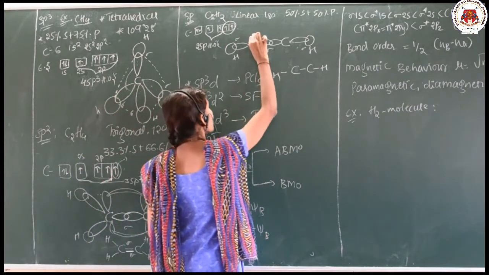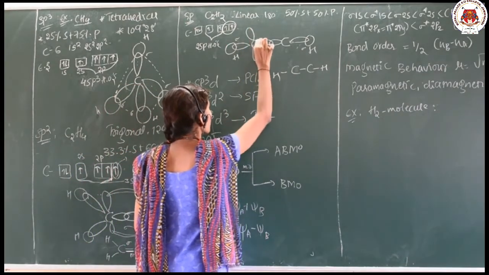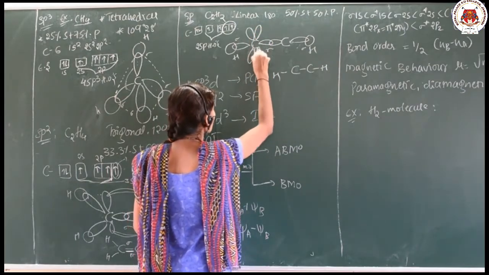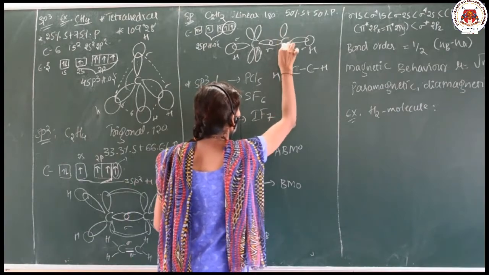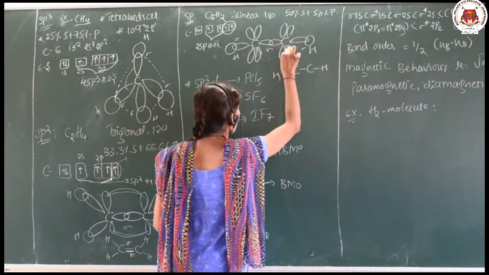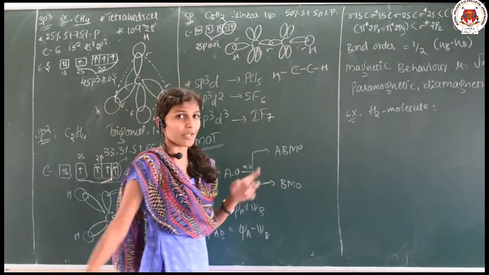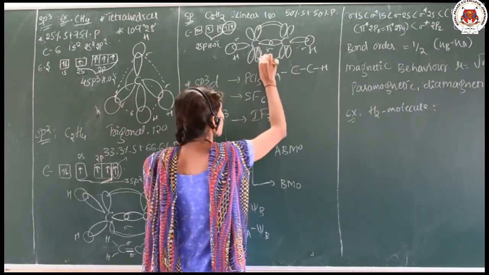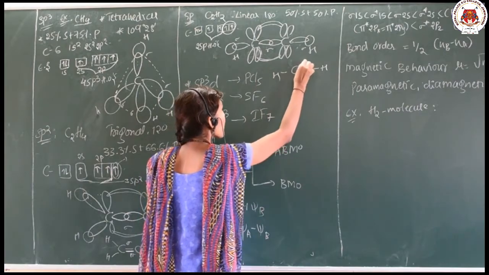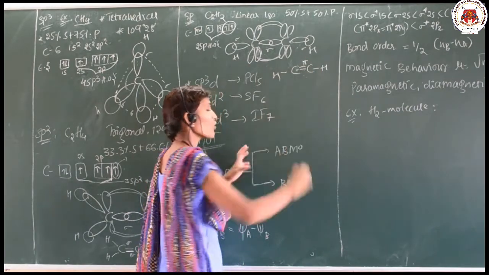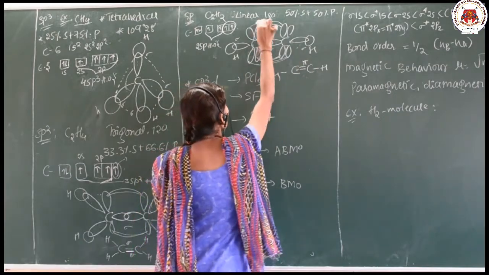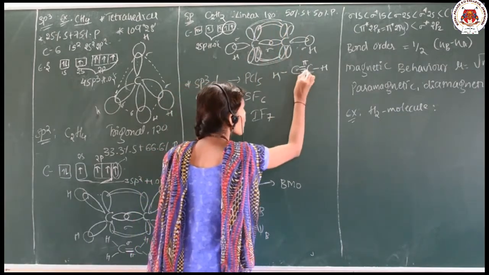So, the first one I will take here, or one more. There are 2 unhybridized p orbitals on each carbon, and one of the p orbitals overlapping causes one pi bond. Sideways overlapping is always pi, and one more p orbital is going to overlap sideways and form one more pi bond.